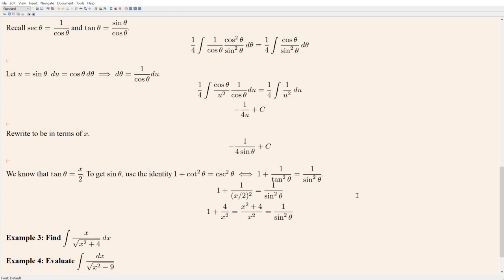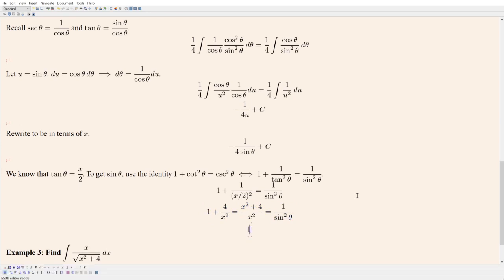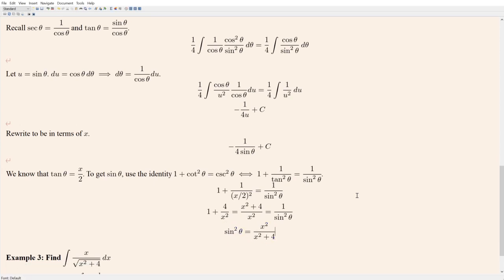So there's that. Now let us reciprocate both sides. So sine squared theta is equal to the reciprocal of this. And now we just need to take square roots. So x over root x squared plus 4, like so.